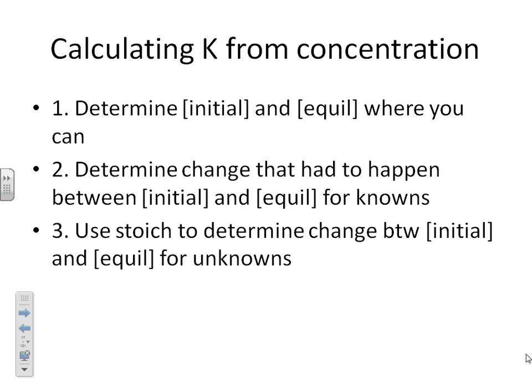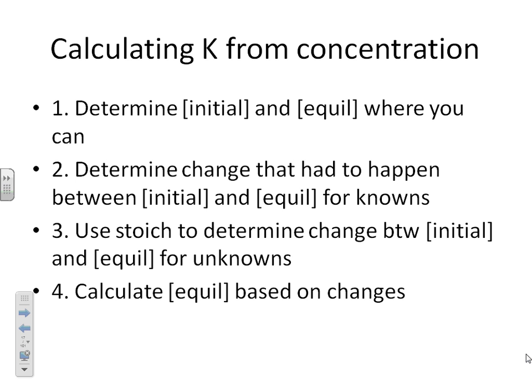It's that whole idea that if things are in a 1-to-1 molar relationship and you used up 2 moles of the first thing, then you must have also used 2 moles of the second thing. It's very, very similar in that regard. When you know the changes for everything, you can calculate the equilibrium concentration for everything as well, right? If you know how much something changed by, you can figure out its final equilibrium concentration.